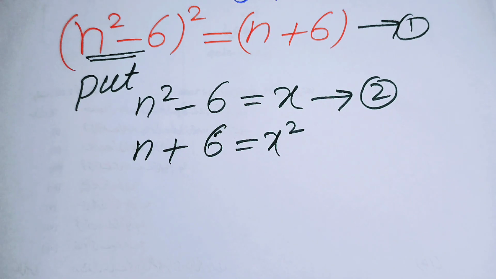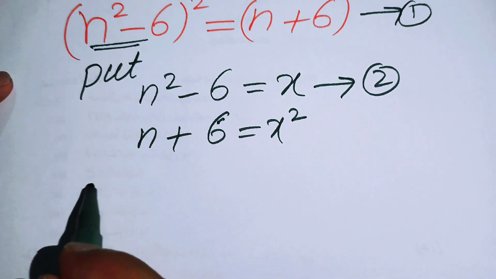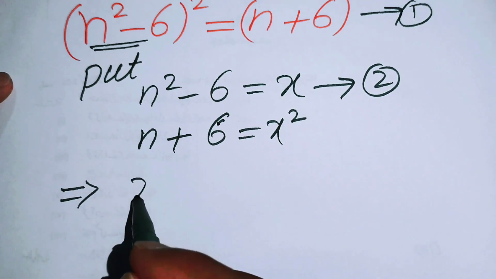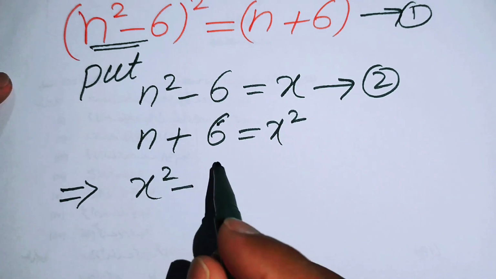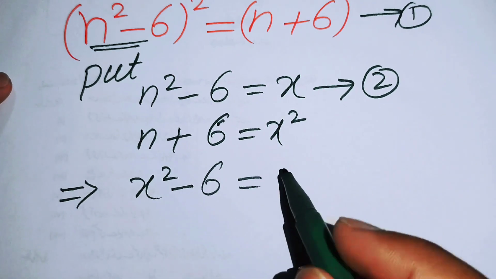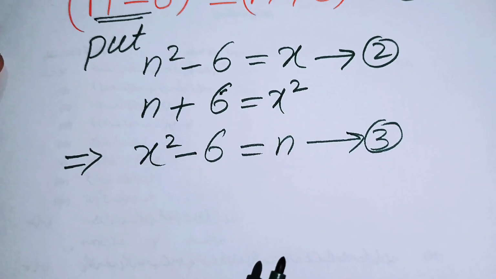After this step we can subtract. First I can simplify this term a little bit, and here I can write x². We move the 6 to the right hand side and you get x² - 6 = n, and I can name this as equation number 3.